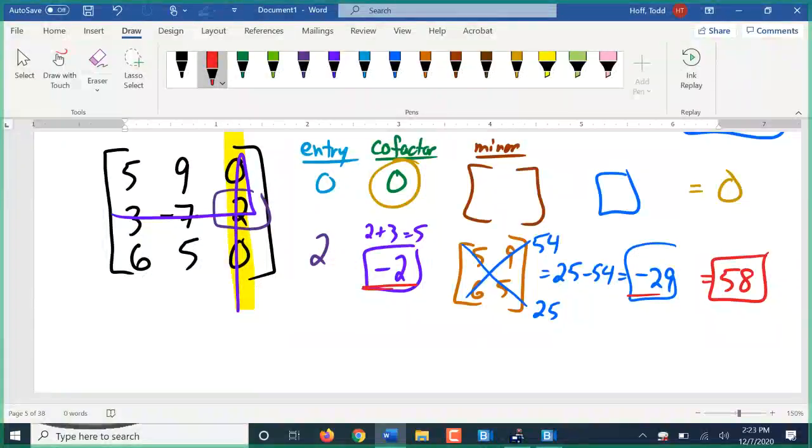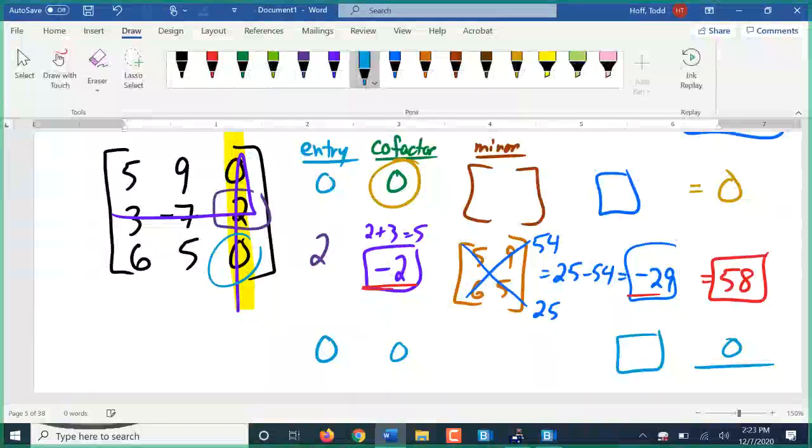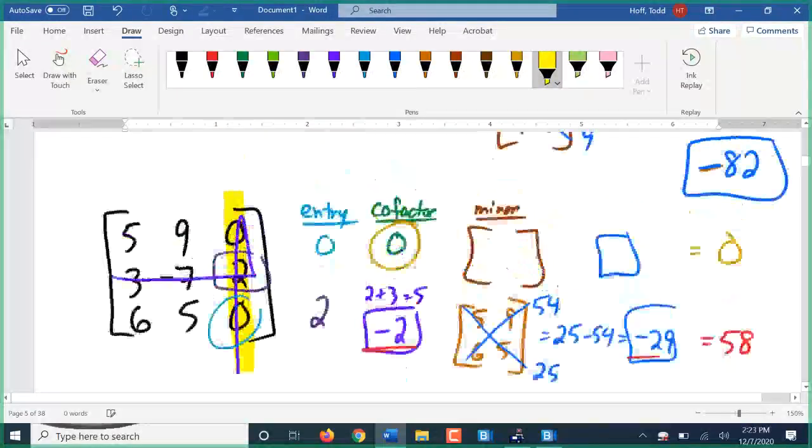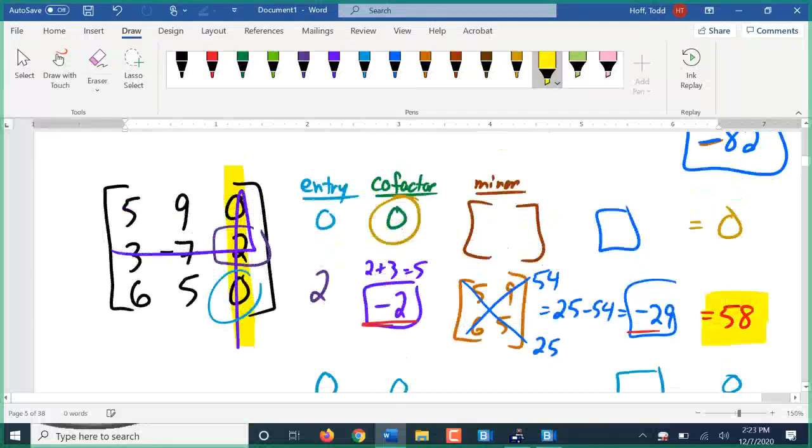The next entry is 0 again. So no matter what, its cofactor will be 0, and it doesn't matter what the determinant of its minor is. We multiply by 0, it's going to be 0. So the determinant of this matrix is just that 58, because that was the only non-zero entry in that column.